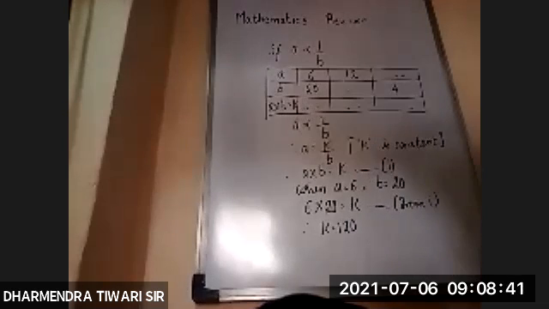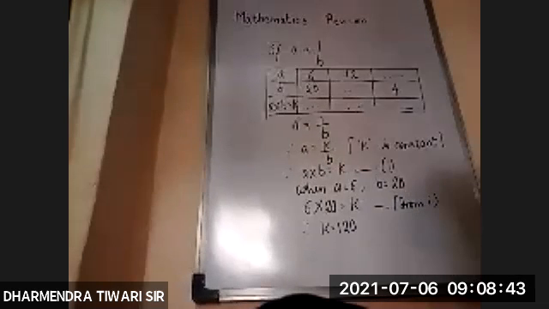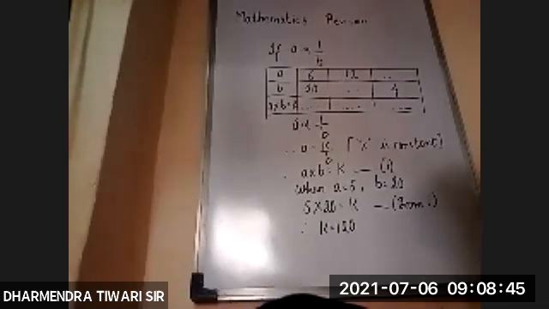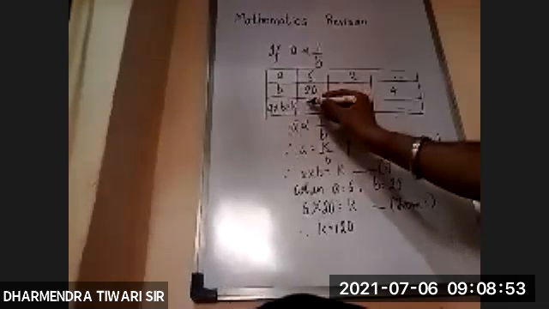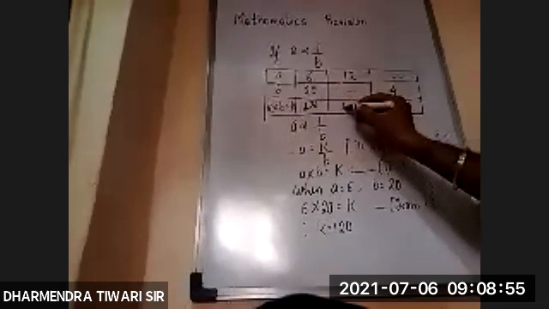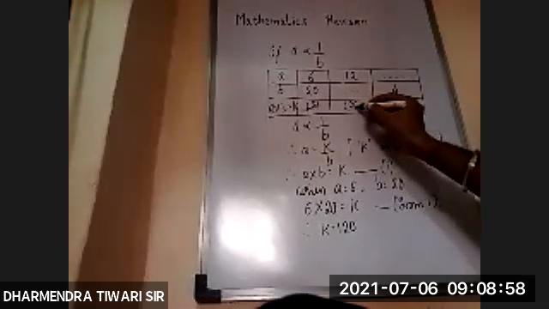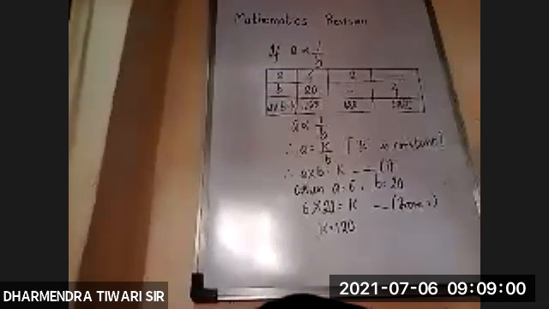So we got the value of K as 120. Now we can use this value throughout the table. Here also, I can write 120, as it is a constant, so it will never change.